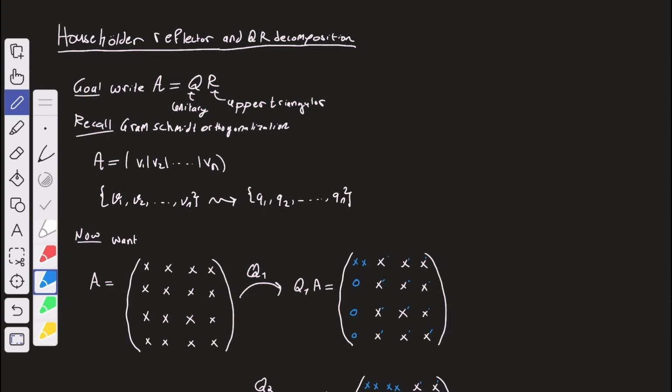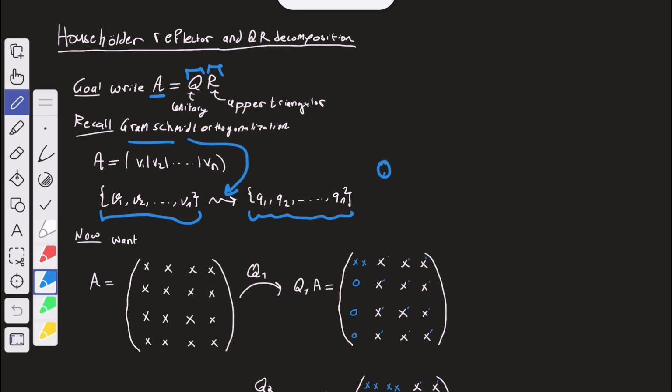We aim at writing any matrix A as a product of two matrices, one of which is unitary and the other is upper triangular. We've seen that one way of achieving this goal is the so-called Gram-Schmidt procedure, where we take the columns of A and transform them into an orthonormal set of vectors.